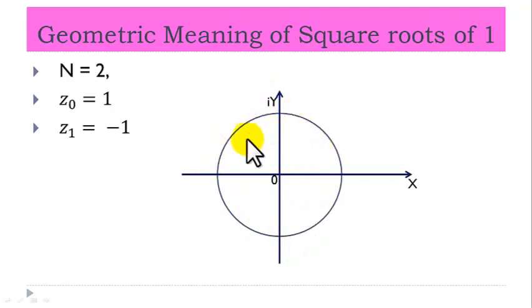This is a unit circle with center at the origin, and the point z equal to 1 is this. This is the point z0, while this is the point z1 equals to minus 1. So you can see the points z0 and z1 are the end points of this diameter.